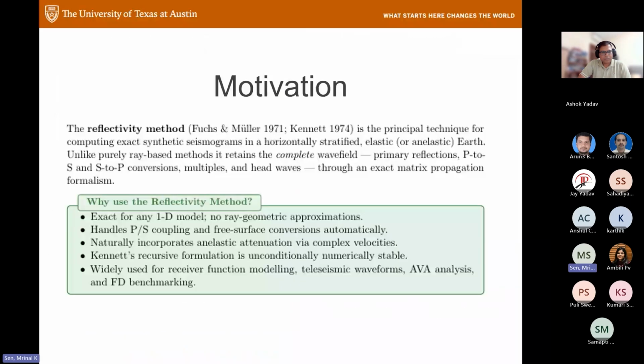So the motivation for studying this method called the reflectivity method, which was originally proposed by Fuchs and Muller, and has been put into much more rigorous form by Brian Kennett in 1974, and then extended to anisotropy by Fryer and Fraser, who were my advisors for my PhD.